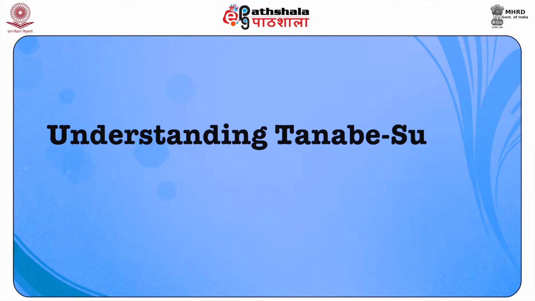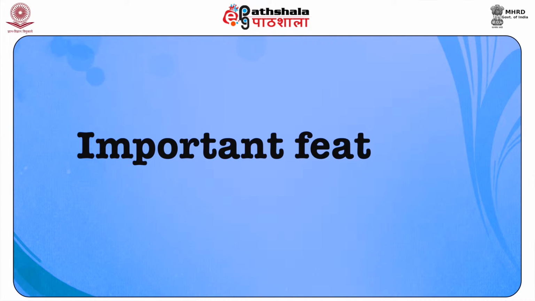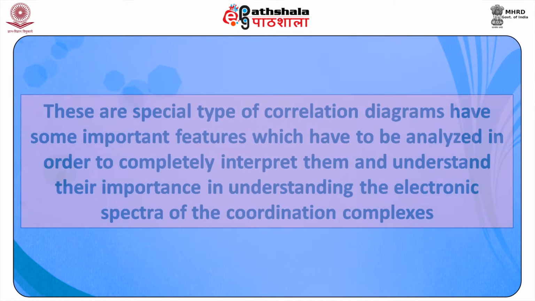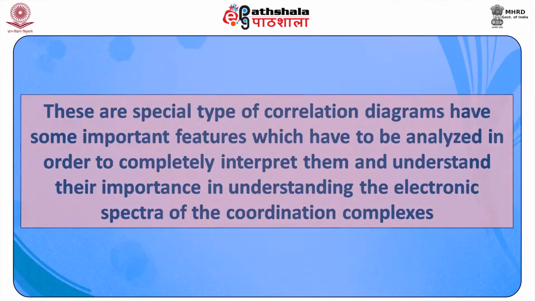Let us understand the Tanabe Sugano diagrams by discussing their important features. These are a special type of correlation diagrams which have some important features which have to be analyzed in order to completely interpret them and understand their importance in understanding the electronic spectra of the coordination complexes.